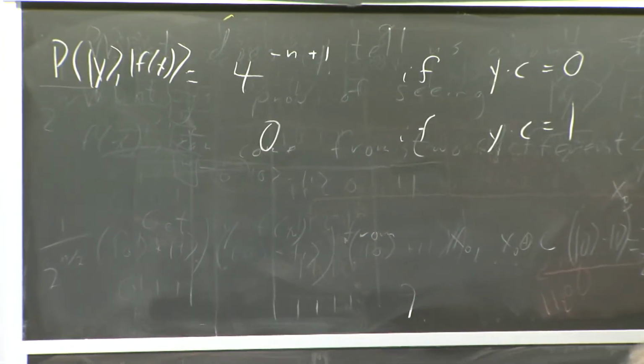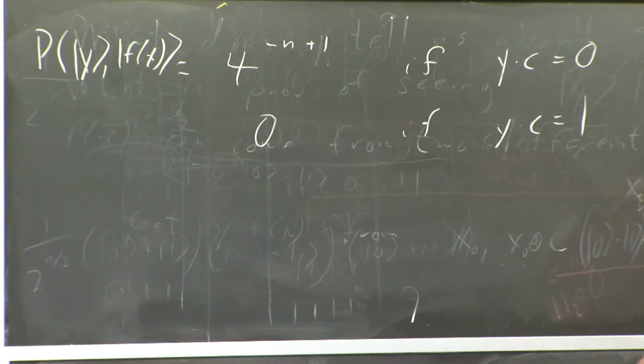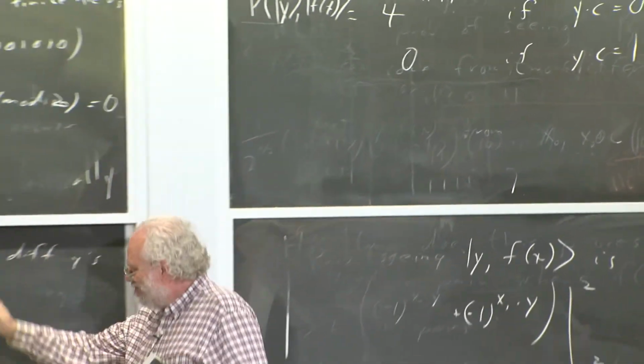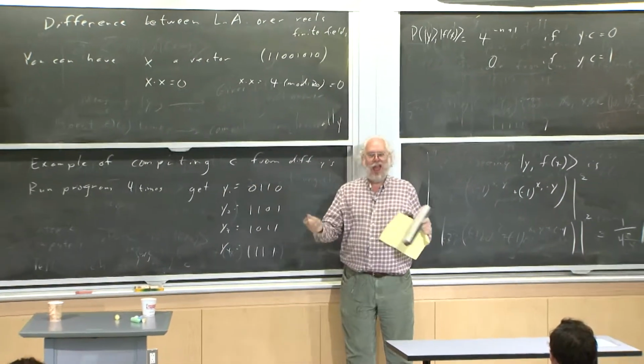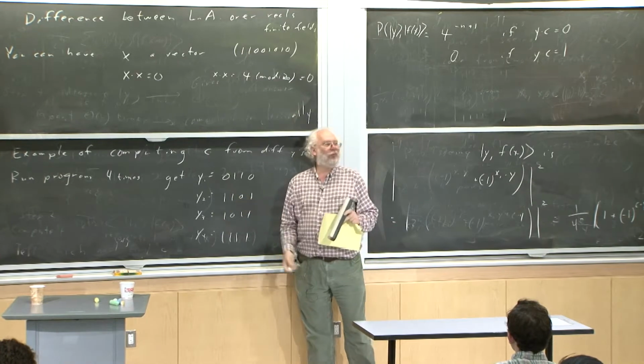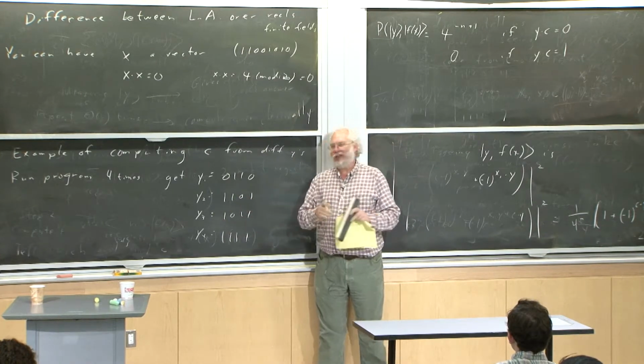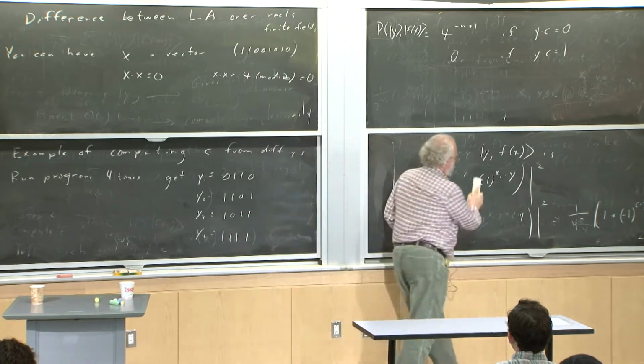So I think the best way to explain this is to do an example and explain the general principles following the example, rather than trying to explain the general principles first.